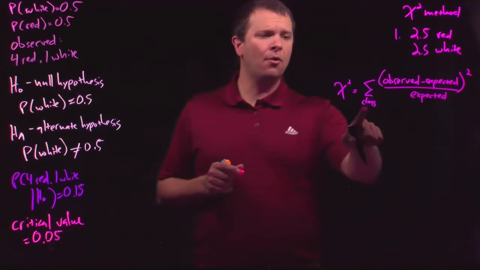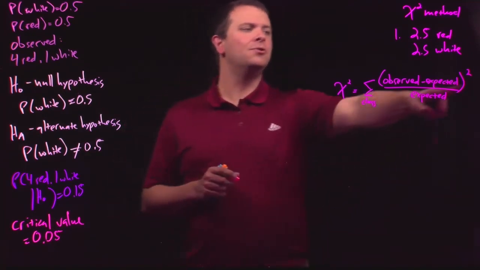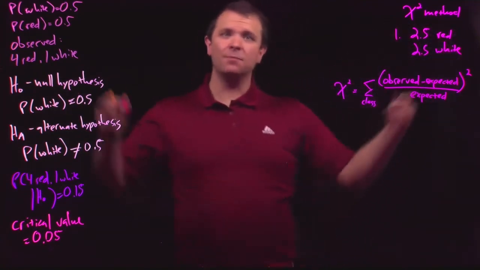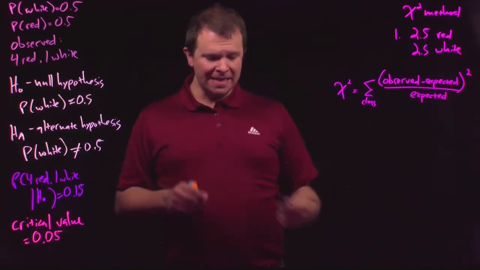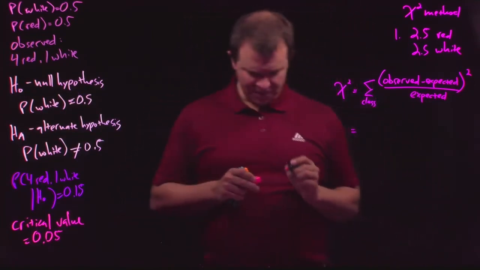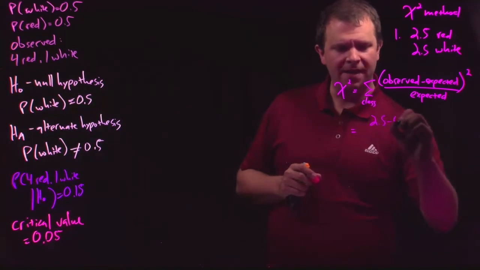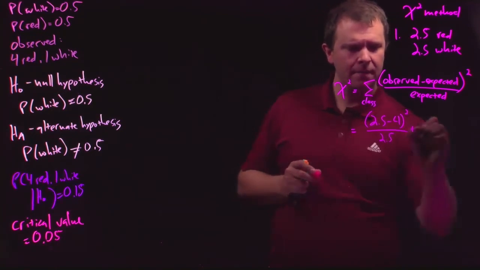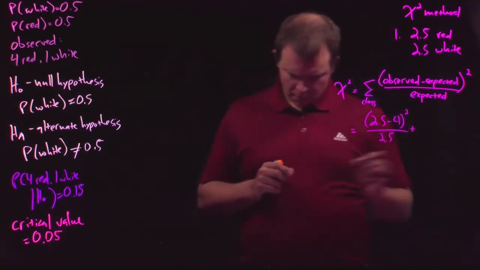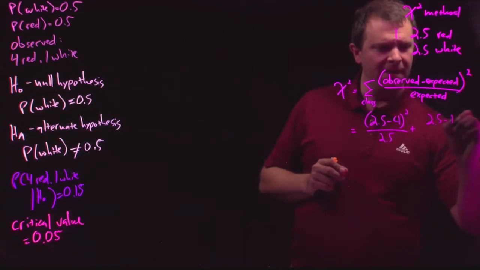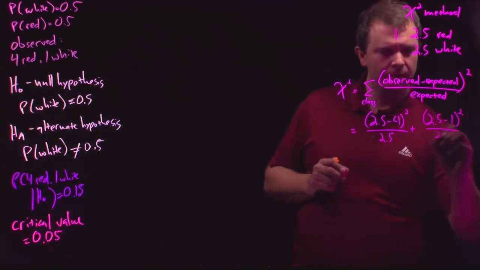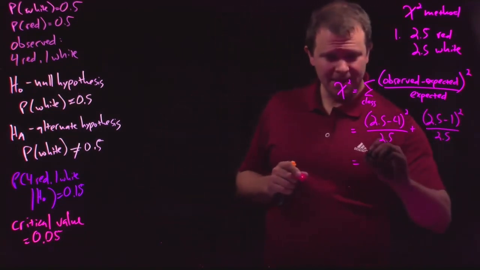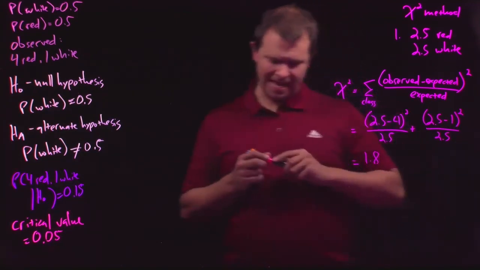And so the sum over all of the classes means we're going to do this once for flies with red eyes, and again for flies with white eyes, and add those together. And so in this case, we've got 2.5 minus 4 squared over 2.5 plus 2.5 minus 1 squared over 2.5.